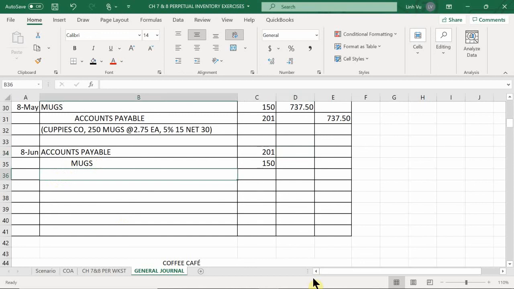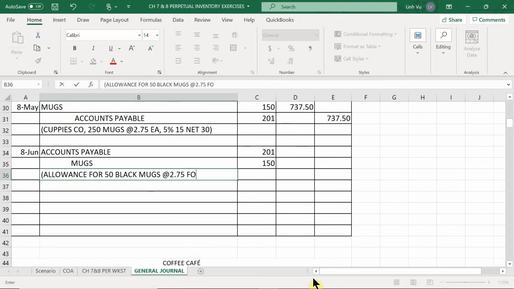Forgot to make my note here. So we got an allowance for 50 black mugs at $2.75 for 15% discount.